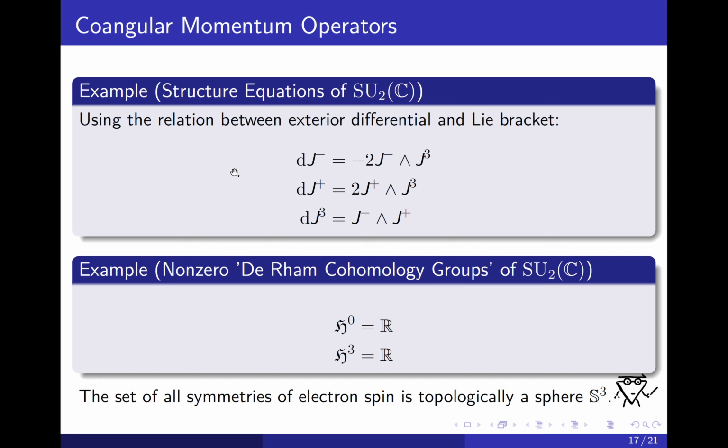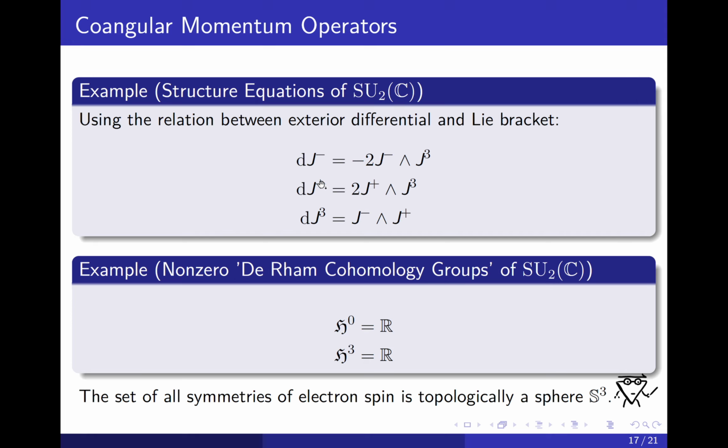But if you differentiate on the second entry, recall that J minus is a 1-covector field, so there is a negative 1 to the first power. So actually the rule is d of J minus wedge J plus equals dJ minus wedge J plus minus J minus wedge dJ plus. So you should be careful in doing this.